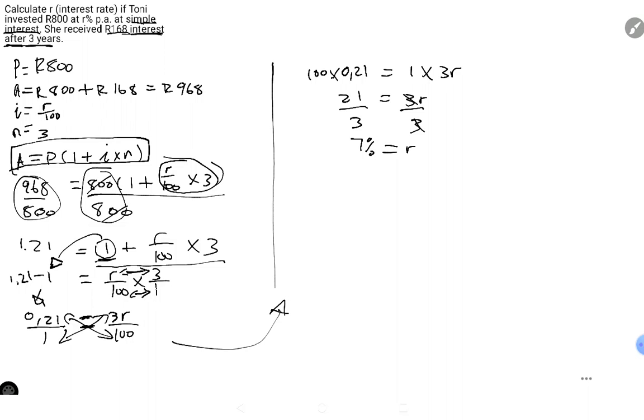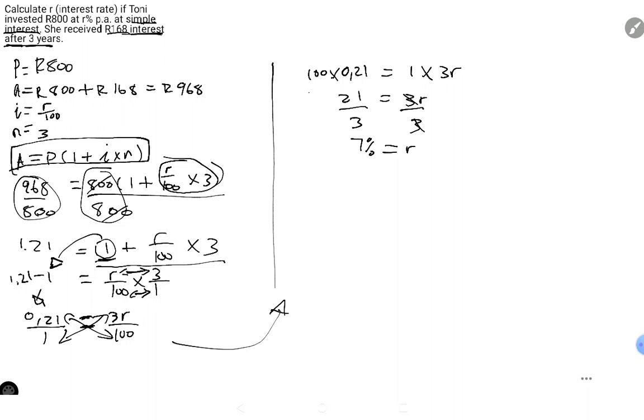So my numerator on my left hand side, which is the 0.21, was multiplied with my denominator on the right hand side, which is the 100.